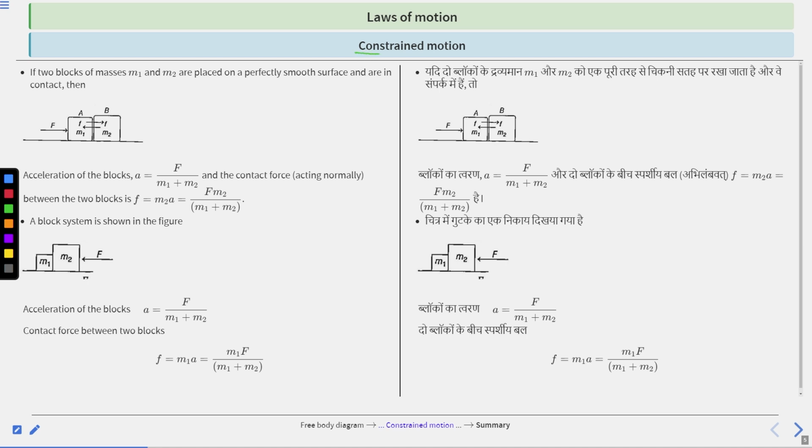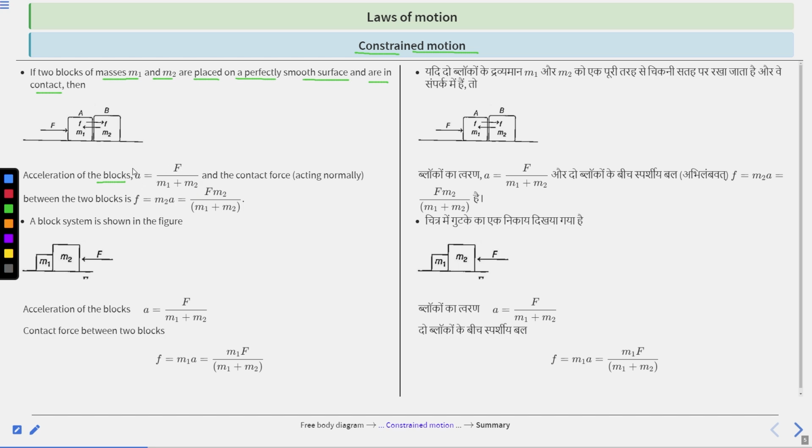Next is constraint motion. If two blocks of masses m1 and m2 are placed on a perfectly smooth surface, these two blocks, mass m1 and m2, are in contact. When two blocks are in contact, the acceleration of the blocks is a equal to F divided by m1 plus m2.